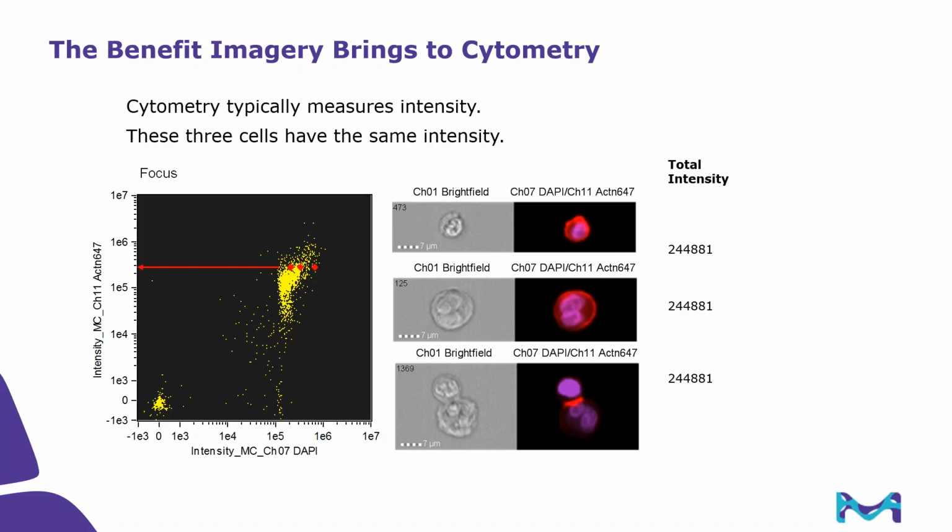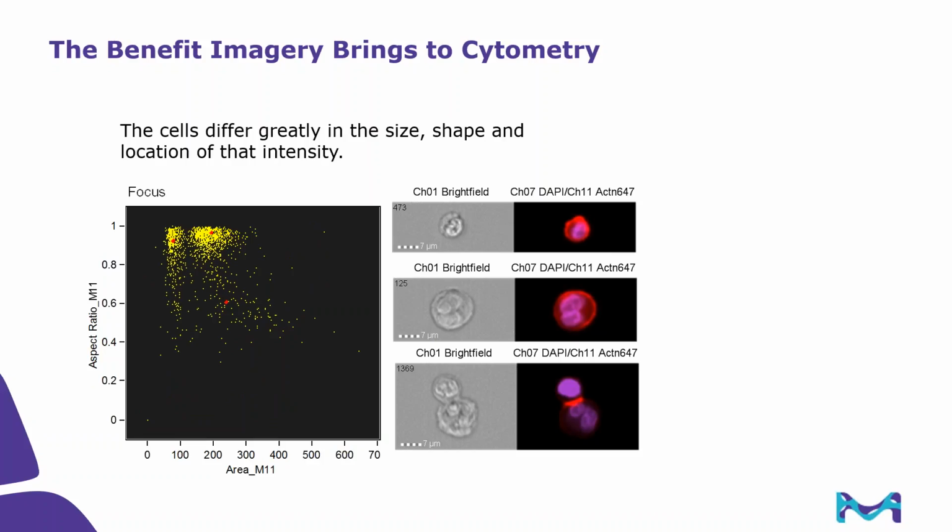But if you look at the imagery, it's pretty clear that these cells are morphologically distinct. So by using computer algorithms to quantify these morphological characteristics, we can see that these three cells morphologically are in three very distinct populations, where the top cell is located on the left in the small population, the middle cell is over here on the right in the larger population, and the cell on the bottom, the conjugate cell, is down in here.